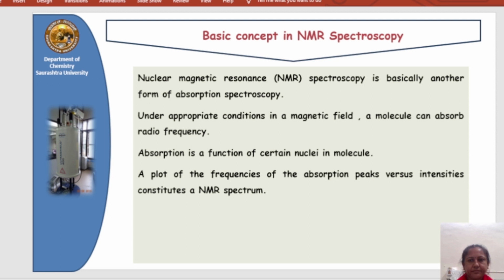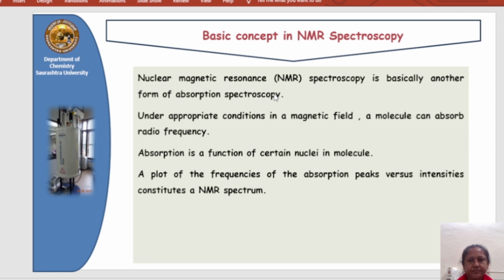Now what is NMR spectroscopy? NMR spectroscopy is nothing but nuclear magnetic resonance spectroscopy. It is basically another form of absorption spectroscopy. So here we use the word resonance. Where will the resonance take place?